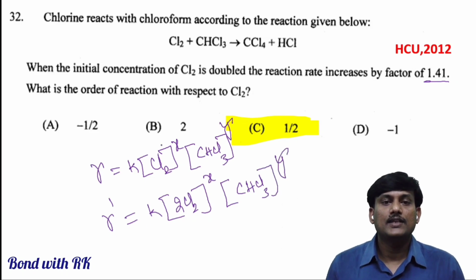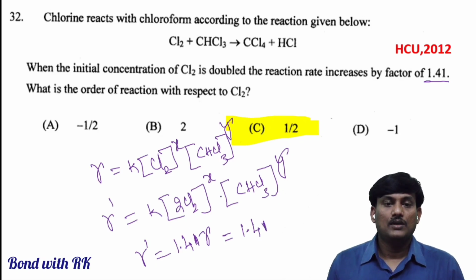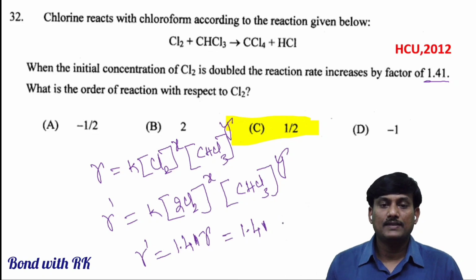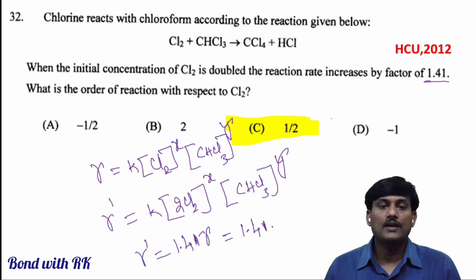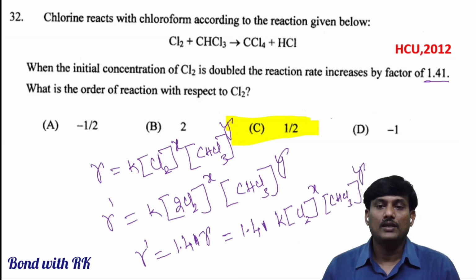Here R dash is 1.41 times R. It means R dash is equal to 1.41 into R, where R is k [Cl2] power of x and [CHCl3] power of y.